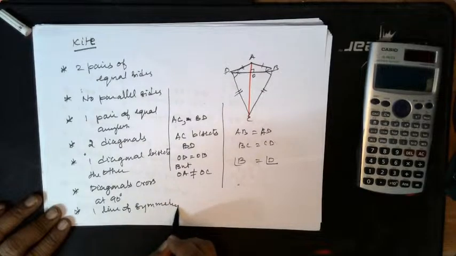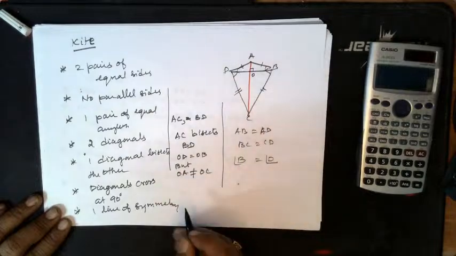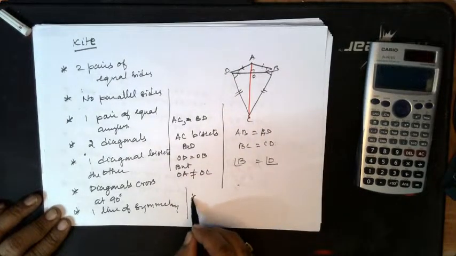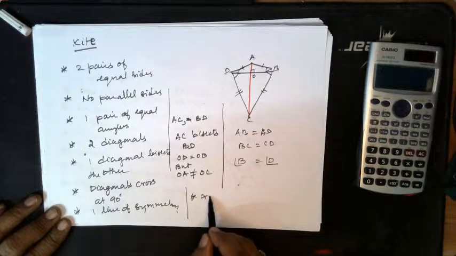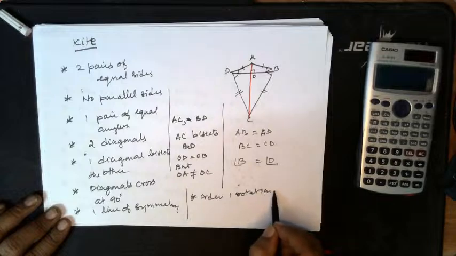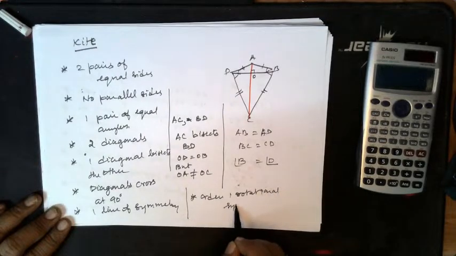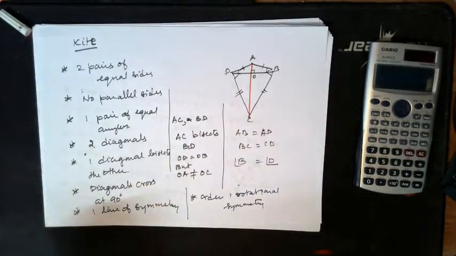It means you can cut it into two equal halves vertically, and it has rotational symmetry of order one. Are you able to follow?